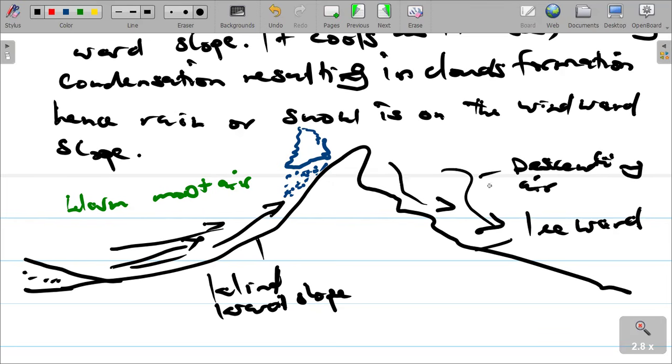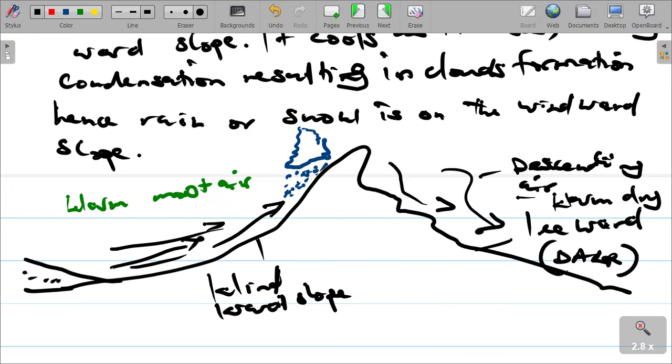When the air is descending, we have said that the dry adiabatic lapse rate takes place on this side. The wind which we tend to find on this side is warm, dry air.